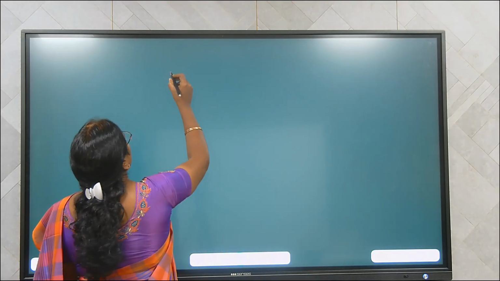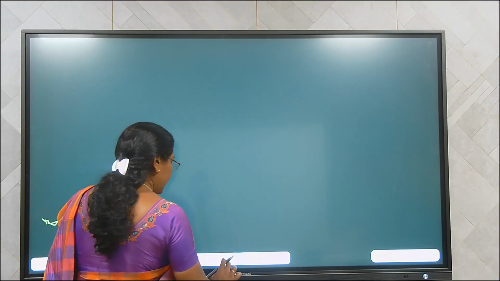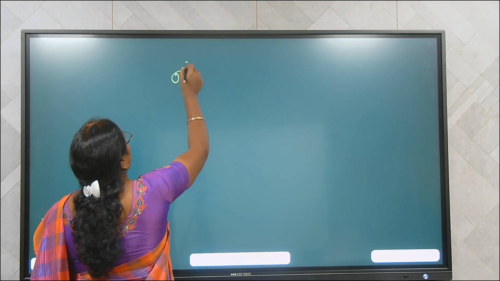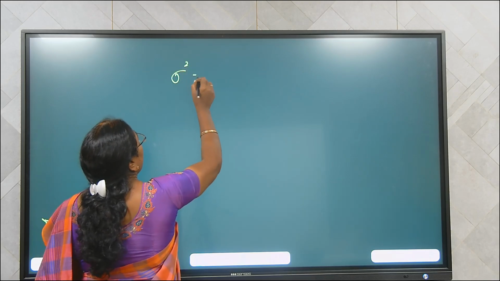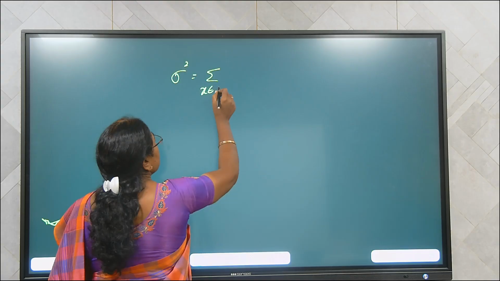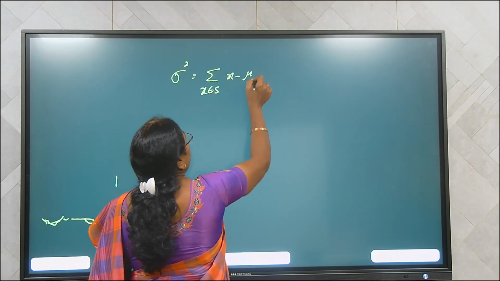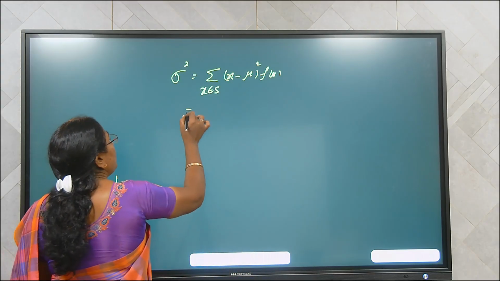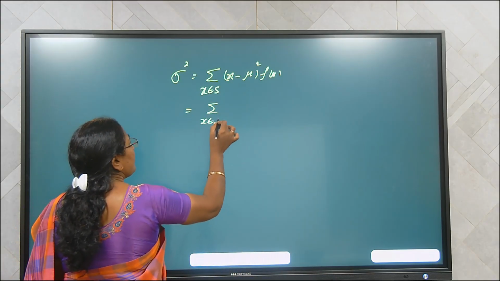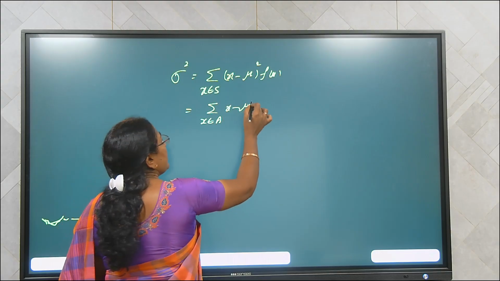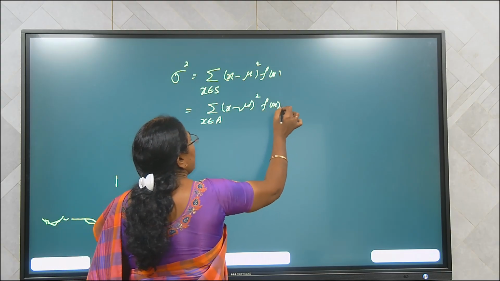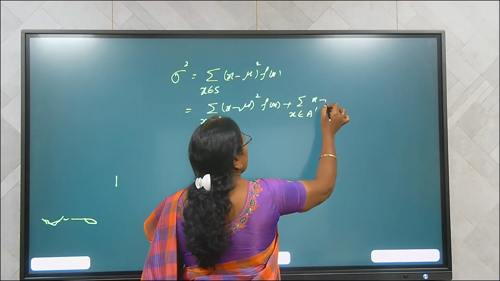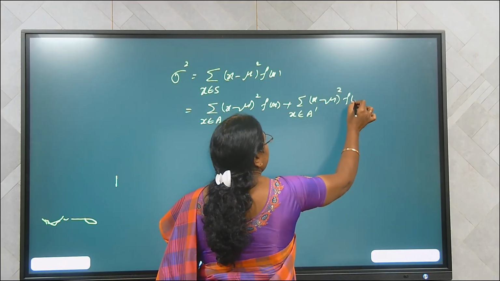Next, we have sigma squared equal to summation x belongs to S of x minus mu whole square into f of x. Now we will divide this into two parts, namely summation x belongs to A of x minus mu whole square into f of x, plus summation x belongs to A dash of x minus mu whole square into f of x.